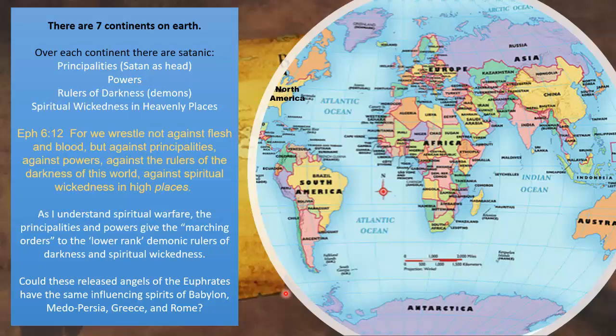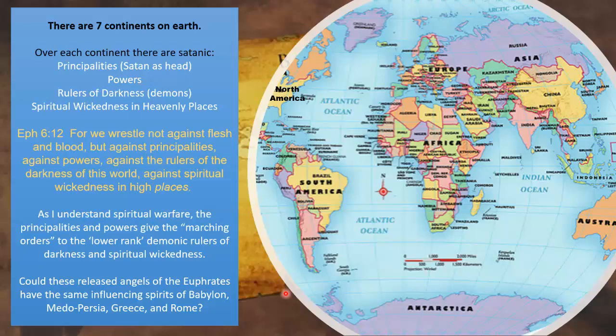Now, as I understand spiritual warfare, from what I have studied about it, the principalities and the powers give the marching orders, if you will, to the lower ranked demonic level of rulers of darkness and spiritual wickedness in heavenly places. That is why when you get up to the level of principalities and powers, I usually say something along the lines, Yahweh rebukes those principalities and powers.